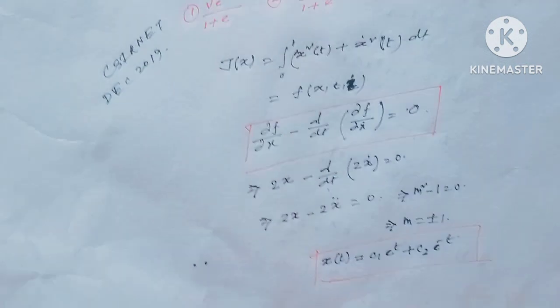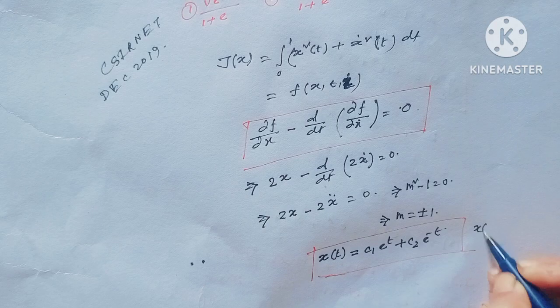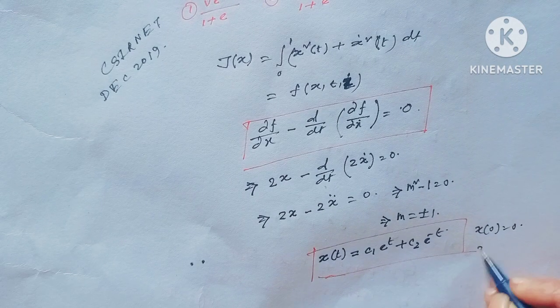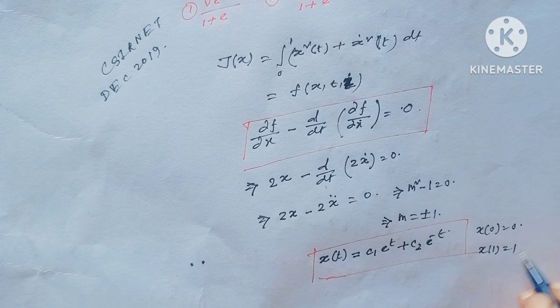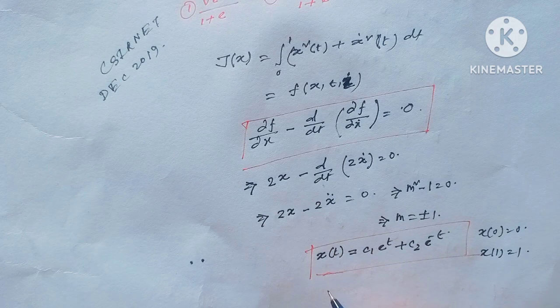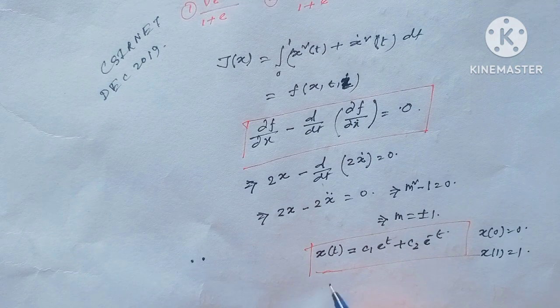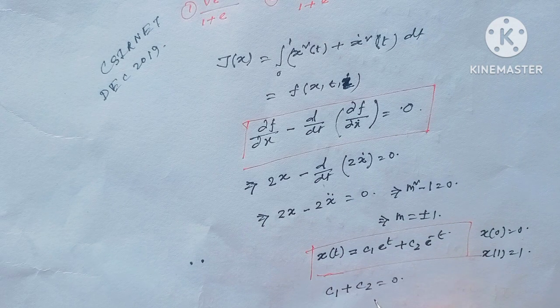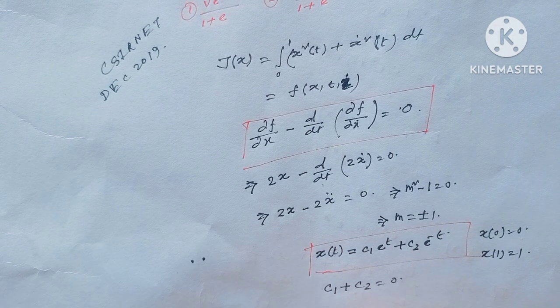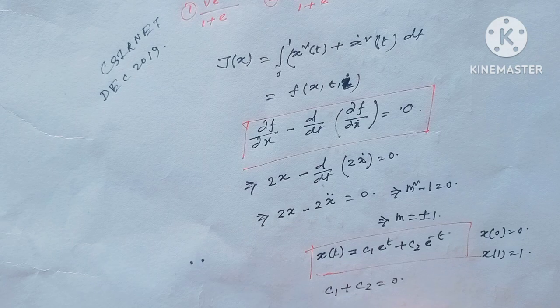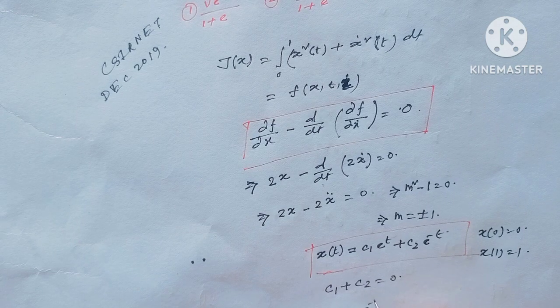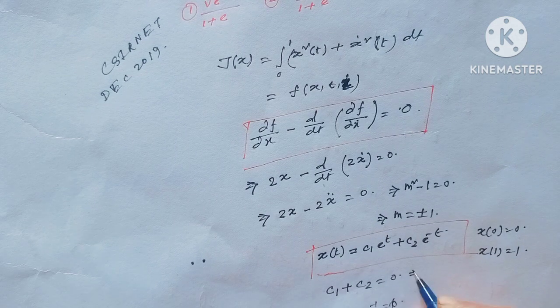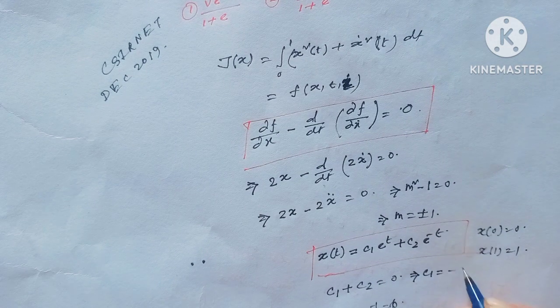Here the conditions are x(0) equal to 0 and x(1) equal to 1. Put the value x(0), then I get c1 plus c2 equal to 0 and c1 e plus c2 e inverse equal to 1. And c1 plus c2 equal to 0 implies c1 equal to minus c2.